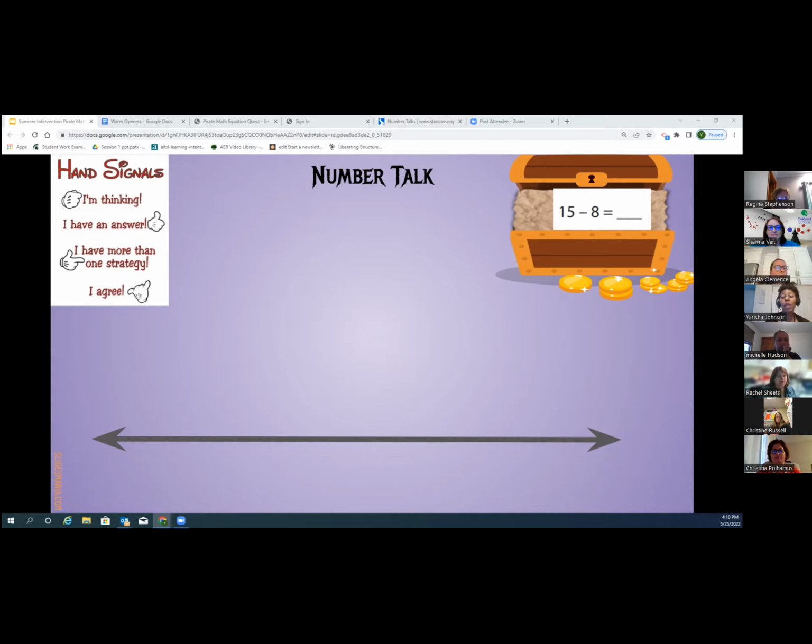All right. So I want to give you all a moment right now to think about solving this problem, 15 minus 8. How might you solve it? Do you have more than one way? When you've identified a way that you can solve 15 minus 8, I want you to go ahead and give me a signal.